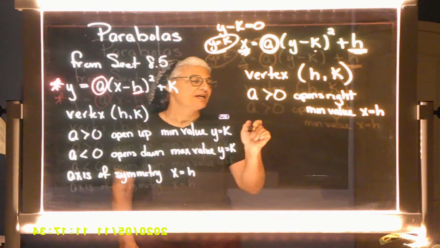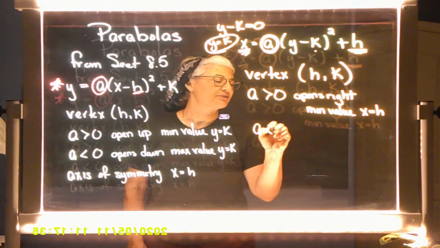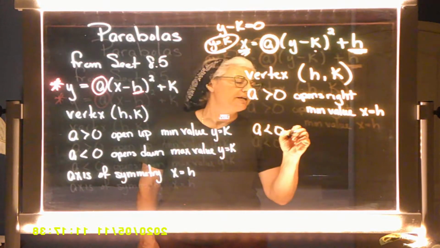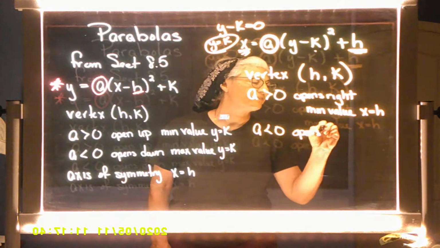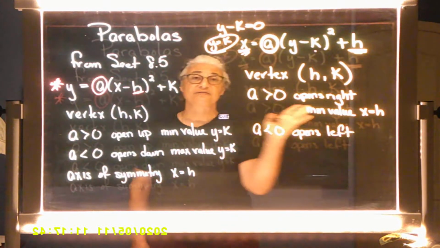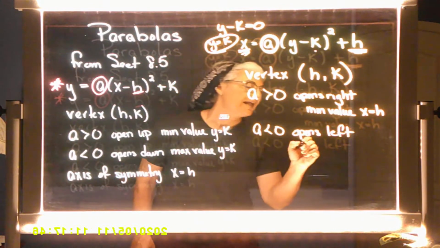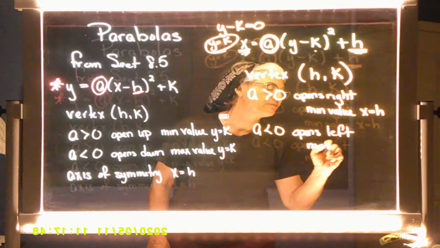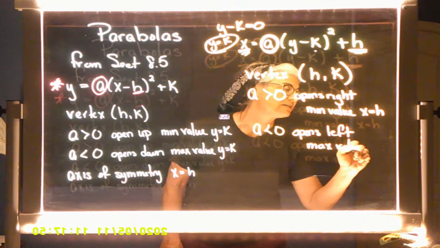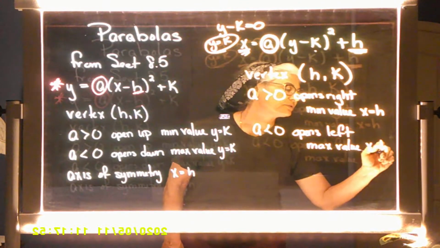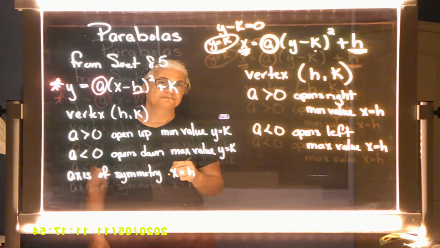Okay? Now, if a is less than 0 or a negative number, that means this opens to the left because going to the left is where all the negative numbers are for your x's. And that means I have a maximum value I can identify, and that would still be x equals h. Cool?